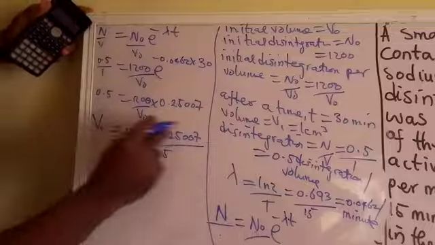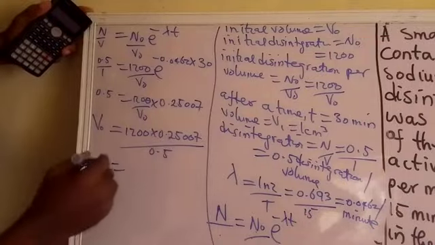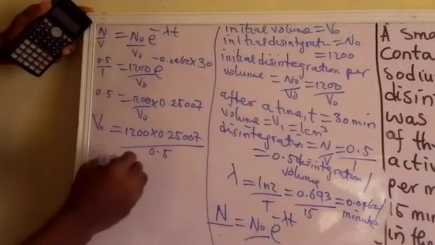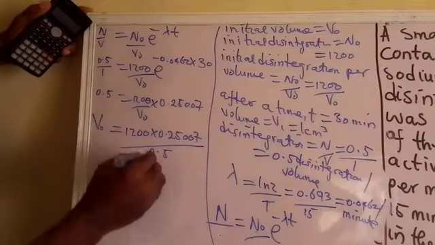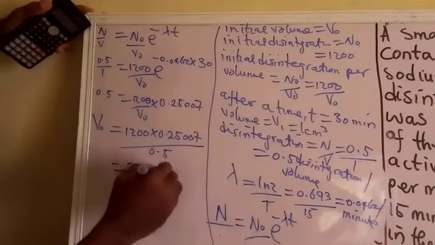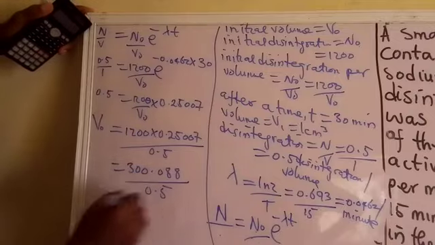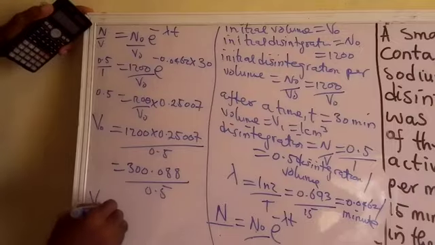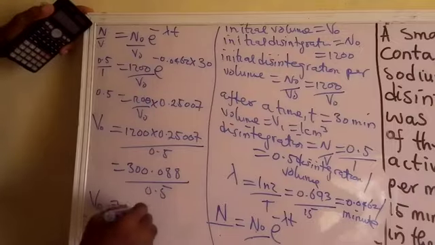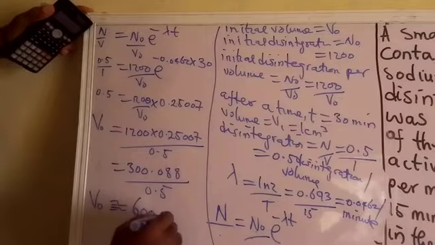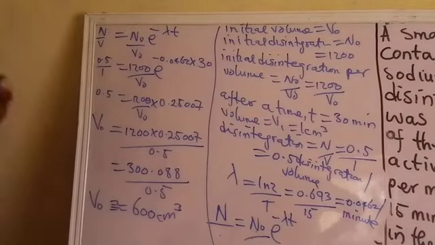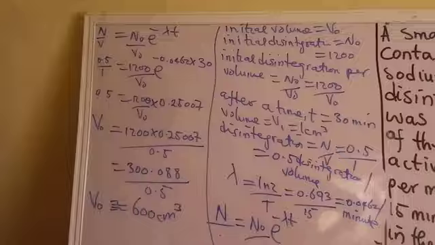Now, multiplying the numerator here, 1200 by 0.25007, that will give you about 300.088, then divided by 0.5. Now, when you divide that from your calculator, you have an approximate value of 600 cm³. So this kind of agrees with the first answer we had using that shorter method. But this one is more descriptive.